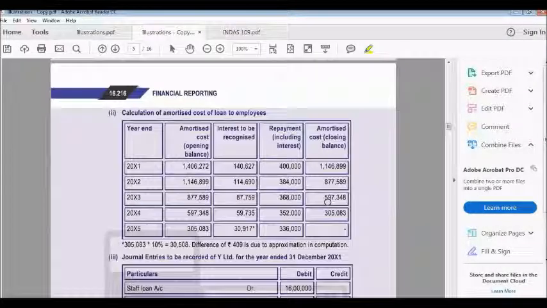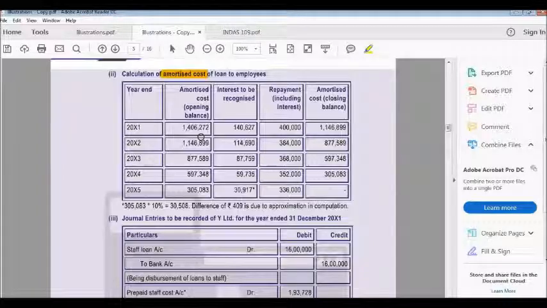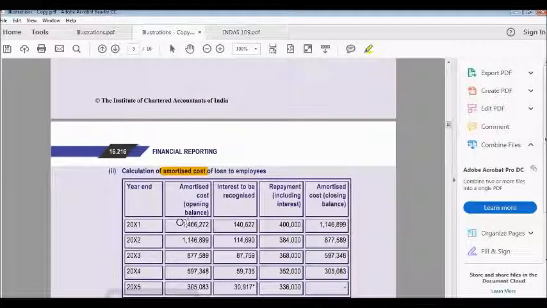So now here's the table and the calculation of amortized cost. So this is how the amortized cost will be calculated. For year end one, 14 lakh 6,272 is the initial fair value, and then add interest at the rate of 10% on this amount.